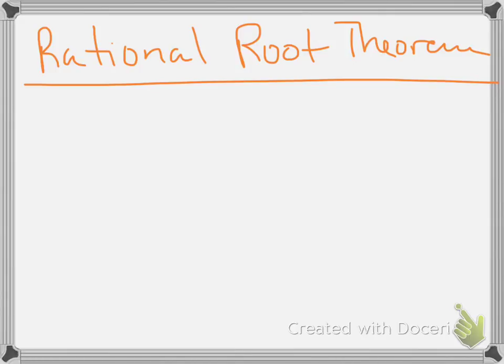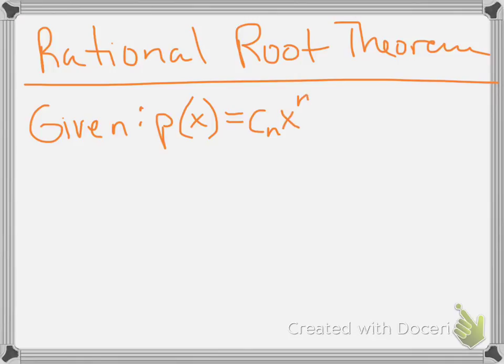Our given information for the rational root theorem is a polynomial function p of x, it's a function of x, equals, pay attention now, c sub n x to the n. It's an nth degree polynomial. The next term we're going to call c sub n minus 1 x to the n minus 1.